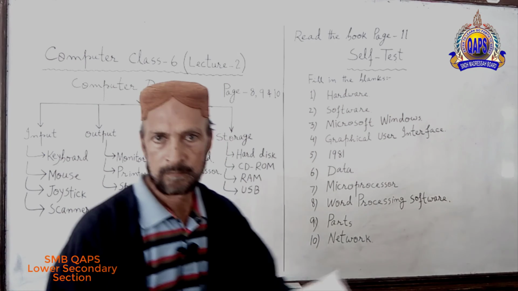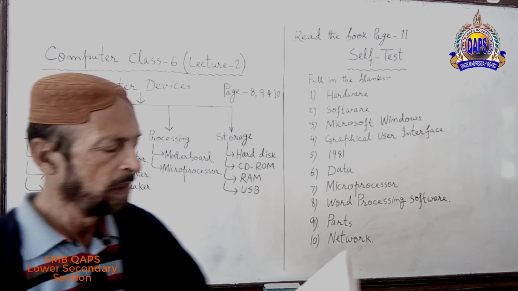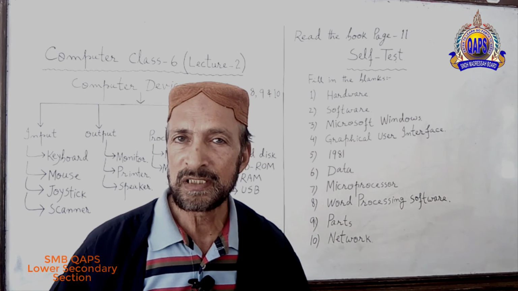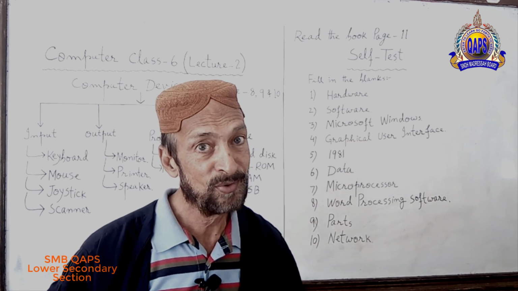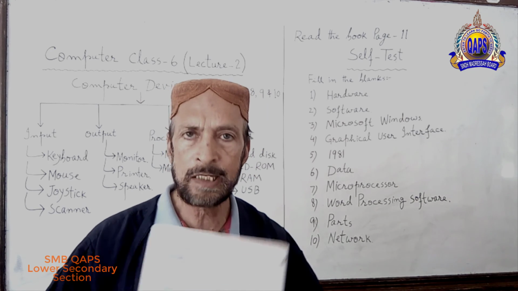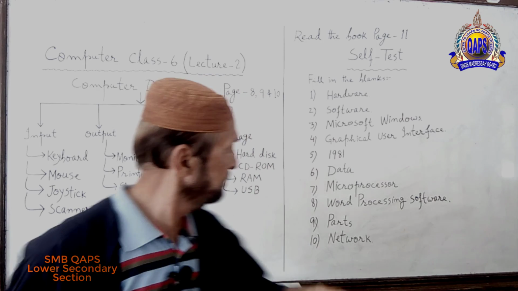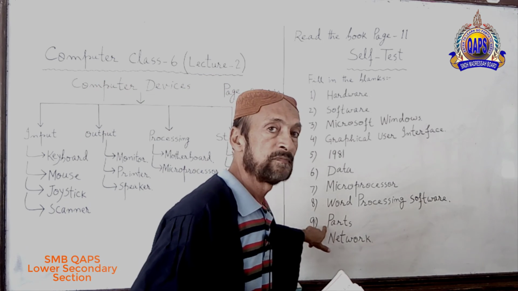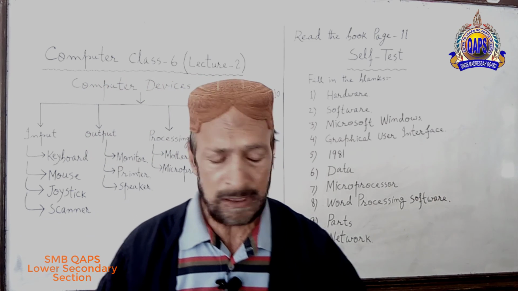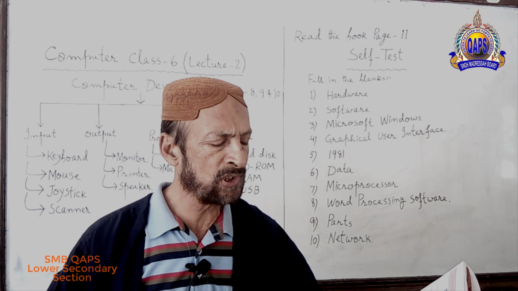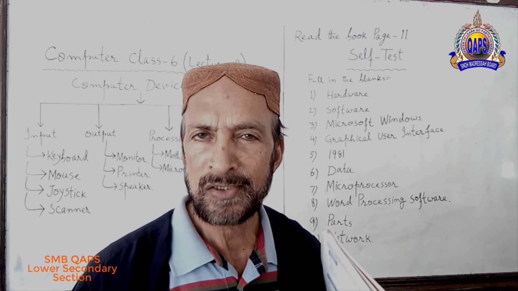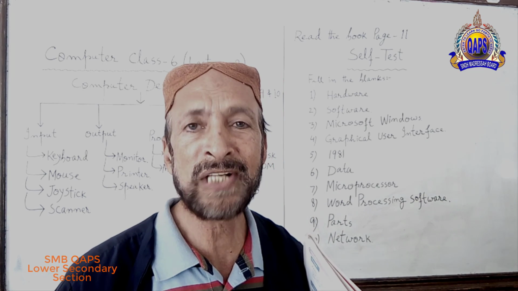Number 9. Computer devices are computer dash. I told you. Computer devices are computer parts. So the answer will be parts. Number 10. The combination of connected computers is called a network.